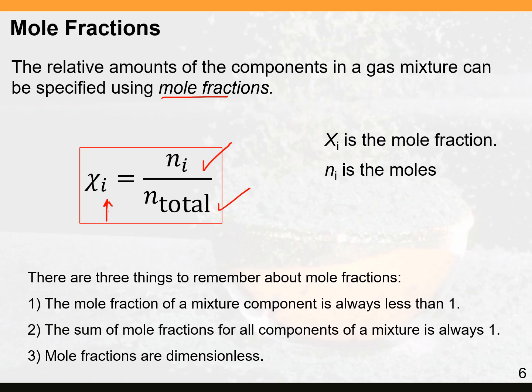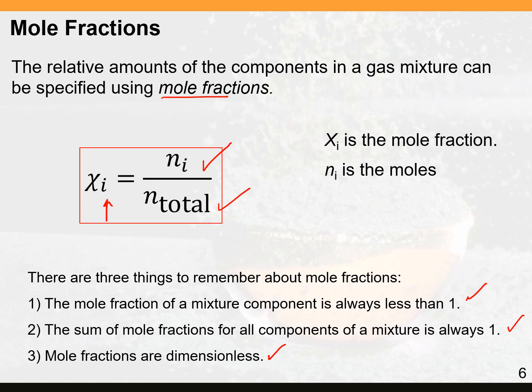There are a couple of things to remember about mole fraction. The mole fraction of a mixture component is always less than 1. The sum of the mole fractions of all components is always equal to exactly 1. And mole fractions are dimensionless. There's no unit to them.